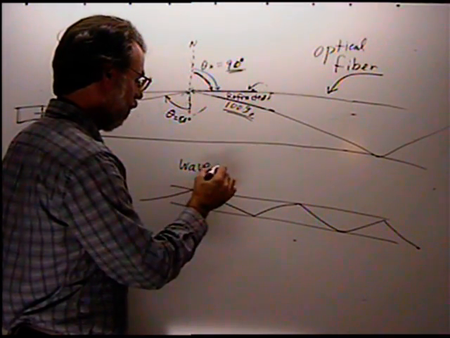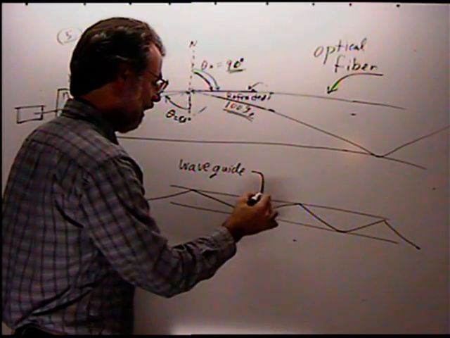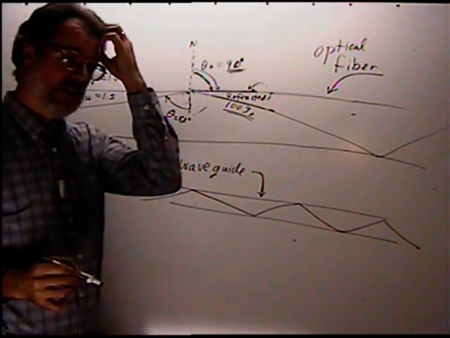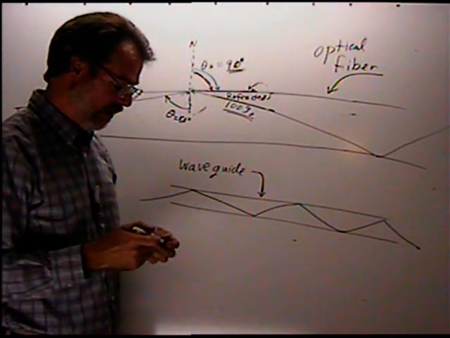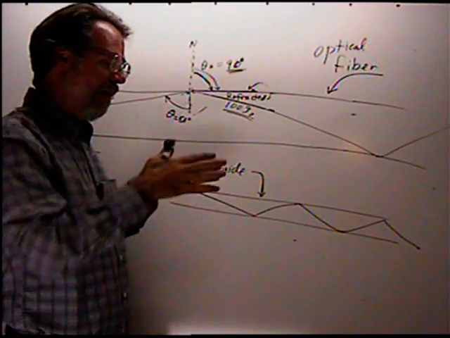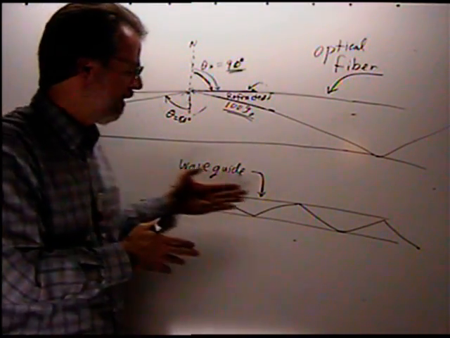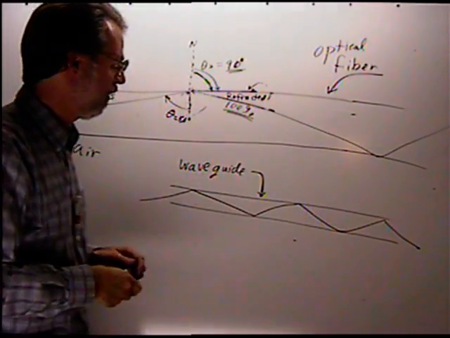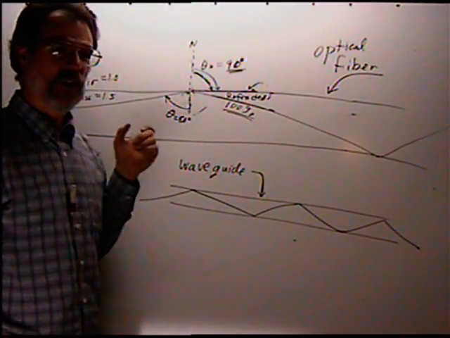This is called a waveguide. A waveguide happens in optics, but it also happens in radar. It happens in any electronic or electromagnetic media where you have boundaries, and all the energy just travels right down the waveguide.